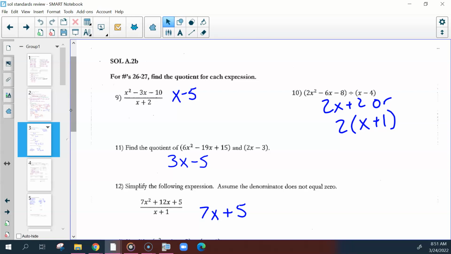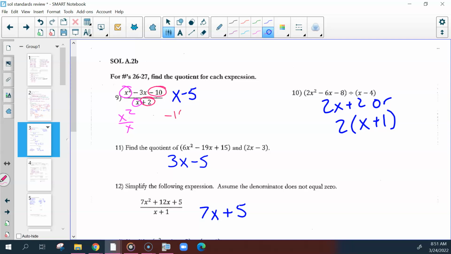I know we haven't talked about this entirely, but if we take this first term and this first term and divide them, and take the last term and this last term and divide them, for most of these problems the answer you get should be the answer for the problem. Like I said, this is a cheat method, and because you don't know how to actually solve this, that's all I'm going to say for this.